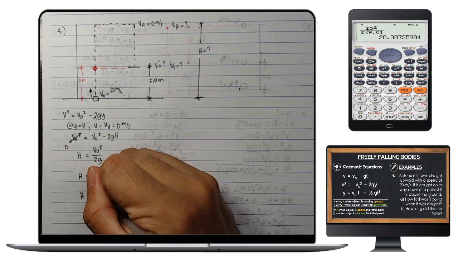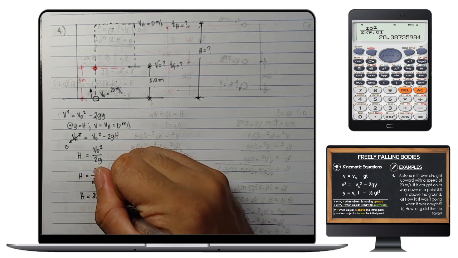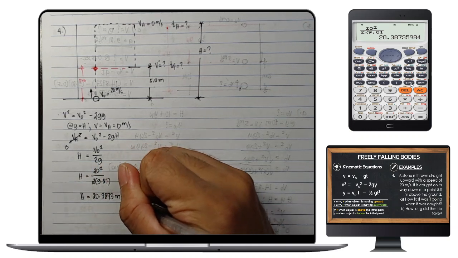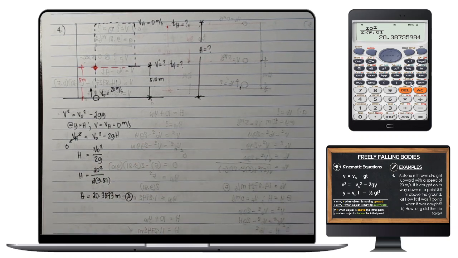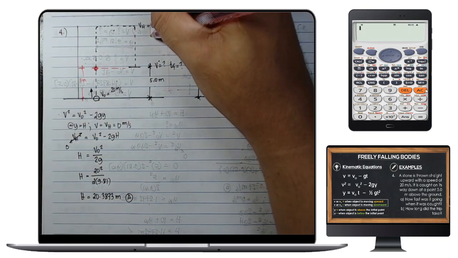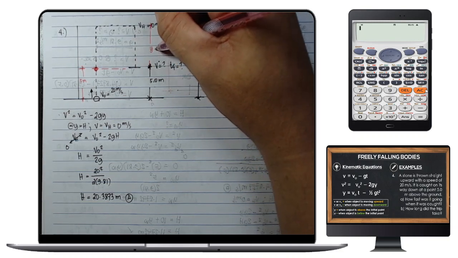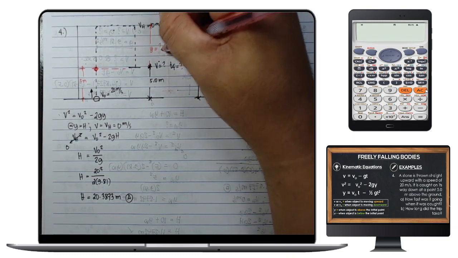So that is 20.3873 meters. So ilagay ko siya sa A. Store A. Okay, so yung maximum height natin is 20.3873. So let's say from maximum height to this point, let's call this one as y. Okay?